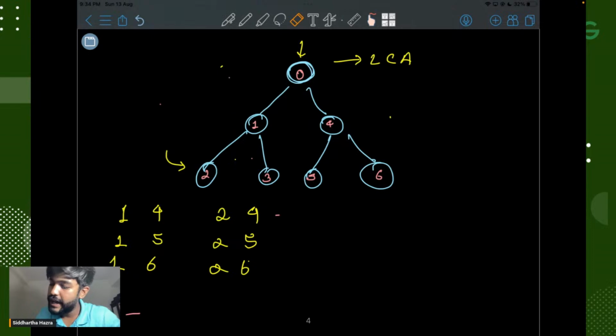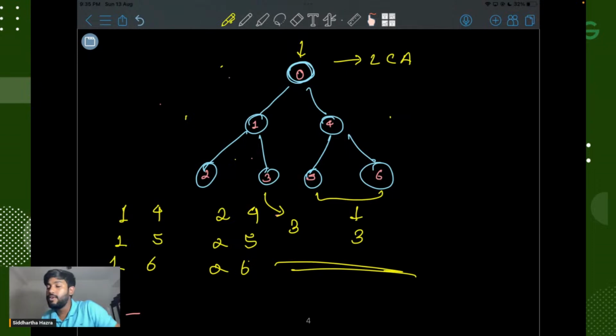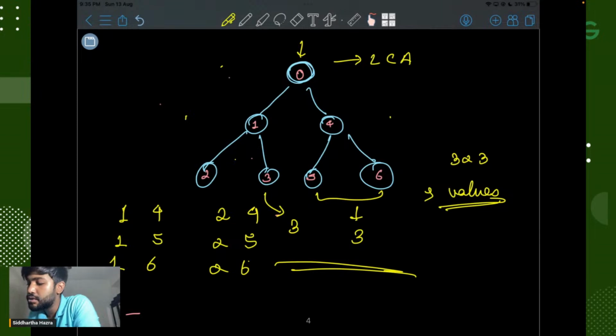So I can say that these three values would be an LCA with these three values. It would be nothing but 3 multiplied by 3. For the 3 multiplied by 3 combinations, they would have the LCA as 0. How 3 multiplied by 3? Let me just show you that also.